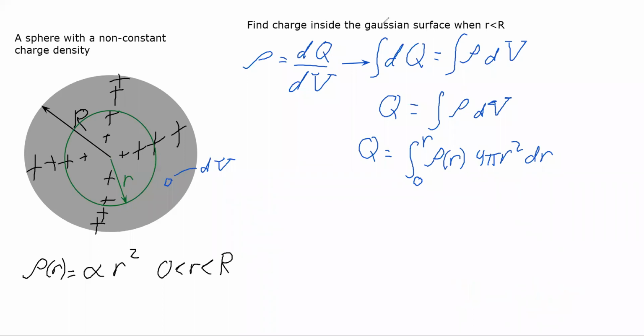All right, so let me plug in the equation for my density now. So I have the integral from 0 to r, and then I have a constant alpha r squared, and then 4 pi r squared dr. And of course, I could simplify that.